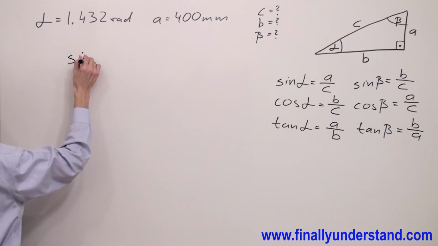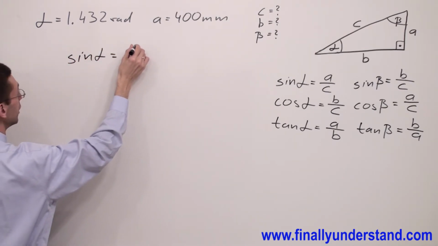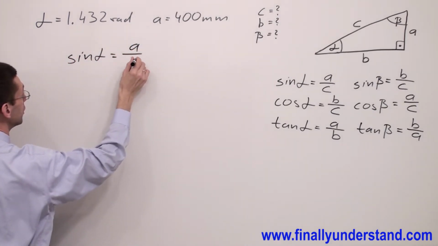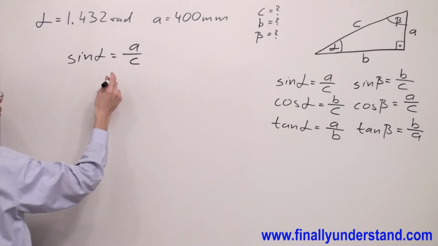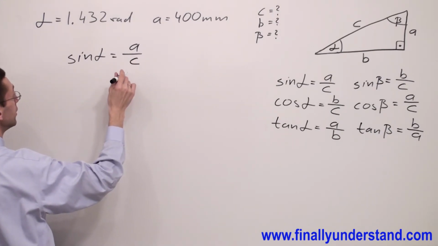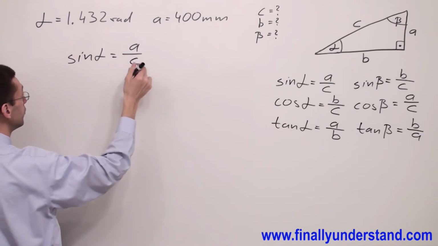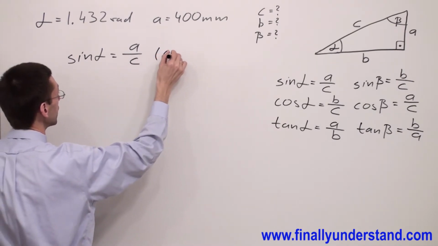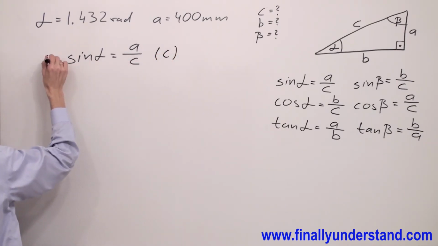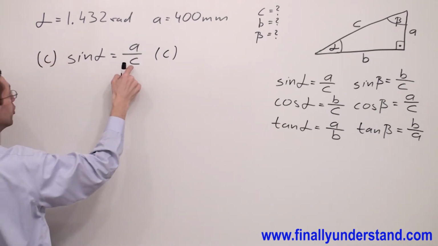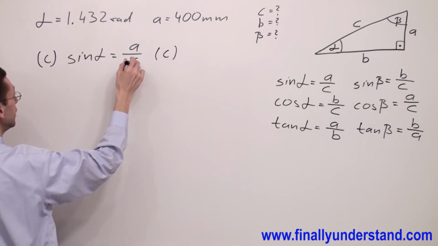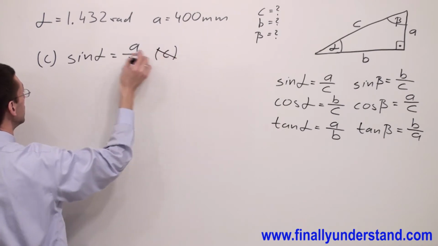So I have sine alpha is equal A over C. In order to find side C, I have to multiply both sides of the equation by the denominator of my fraction, because I want to pull out this C from the denominator.